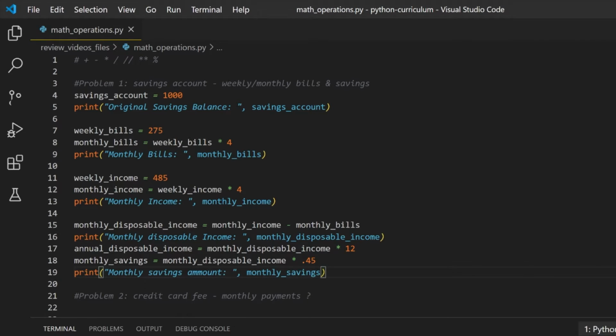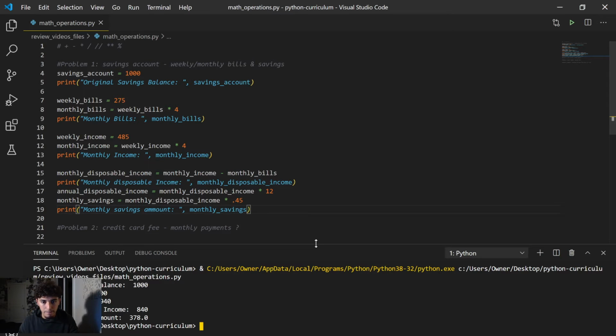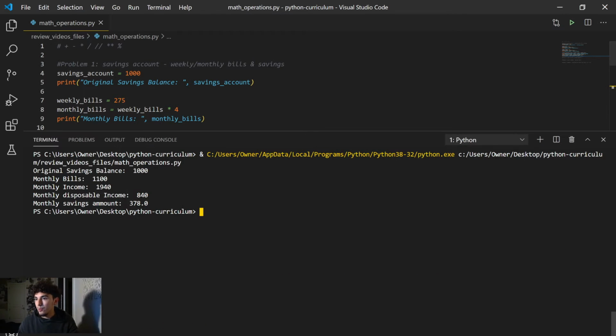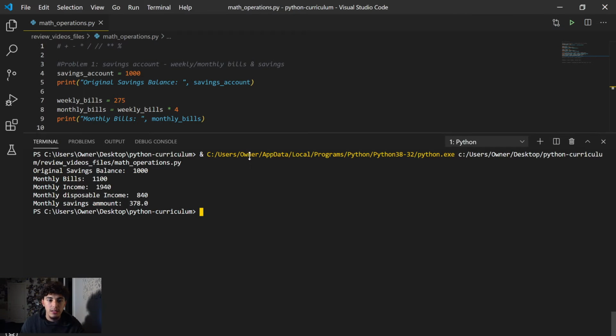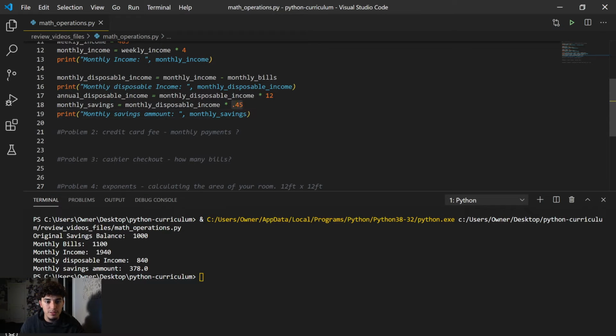And then again, we can run this program just to make sure it's running properly. And we get a monthly savings of $378. So $378 is 45%, right? That's what we did, yeah. So $378 is 45% of our monthly disposable income, which is $840.